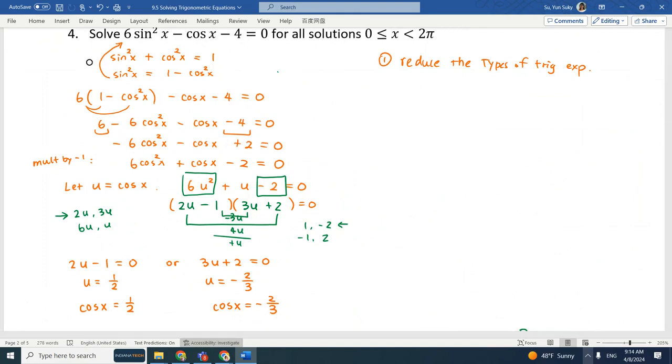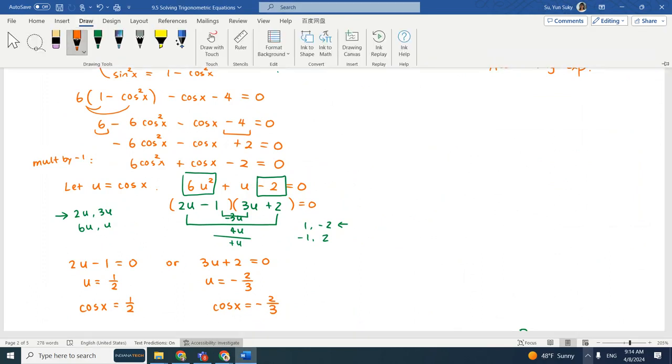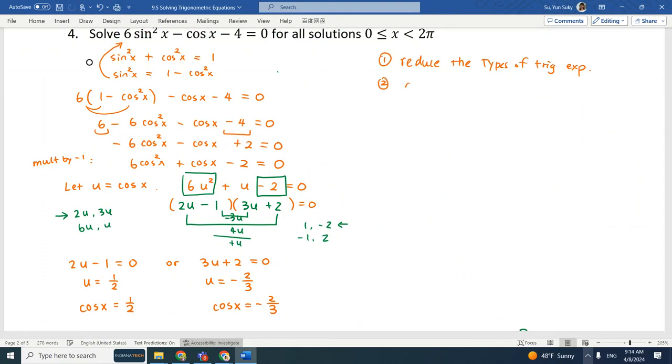Okay. So like this problem, after we reduce the type of trig expression, then we recognize it is a quadratic type equation. So we do a u substitution and we factor. Okay.